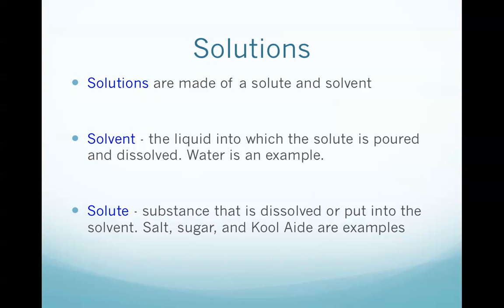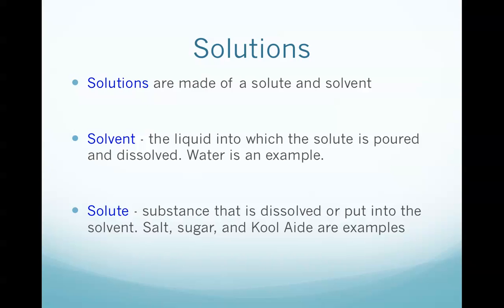First of all, a solution is something that's made up of a solute and a solvent. A solvent is a liquid in which the solute is poured and dissolved. If you think of water, water is a solvent.